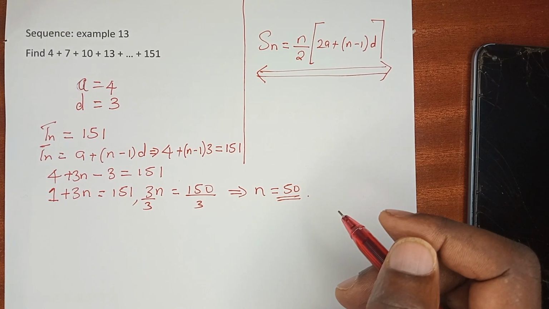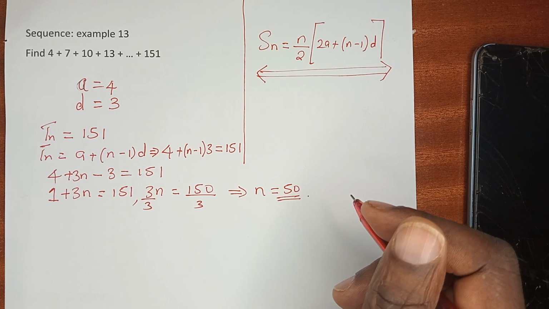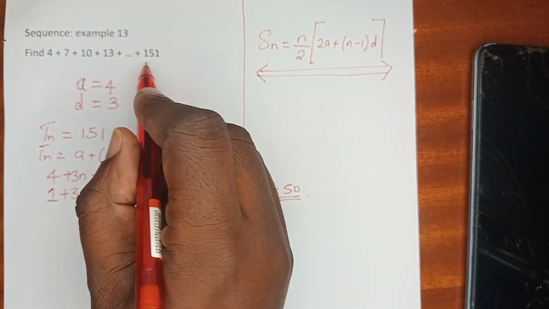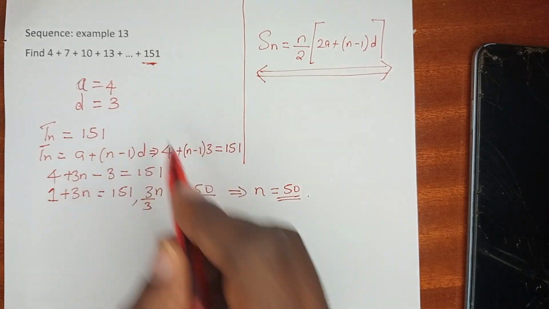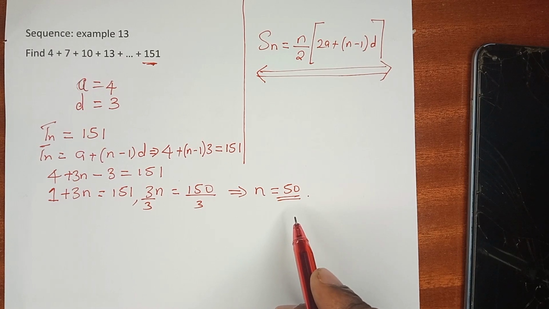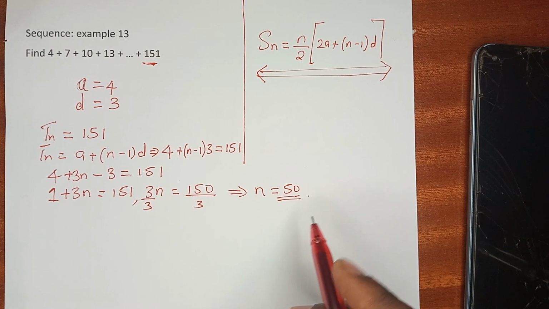So we have to add the first 50 terms. The value of n is 50. So 151 occupies position 50 in the sequence that is before us.